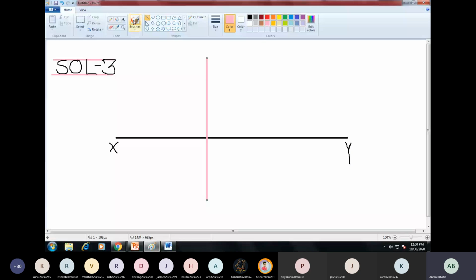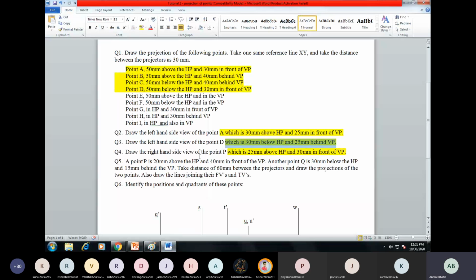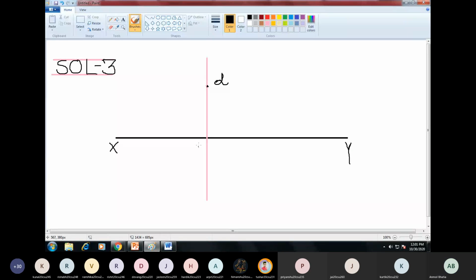So for the third quadrant, we will be making the top view above XY line. So this is my point D, right? Because the actual object was capital D. So we'll use small letter d in order to represent the top view.